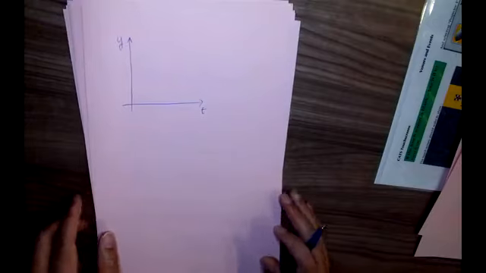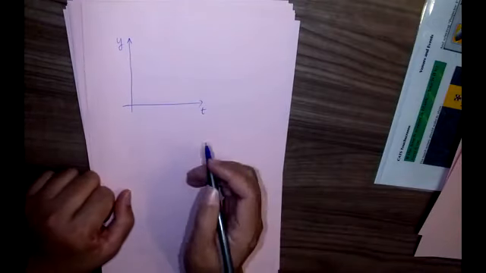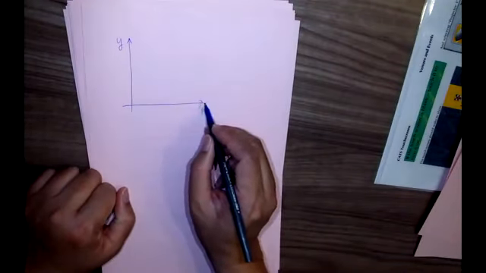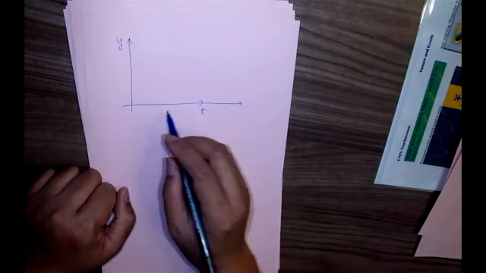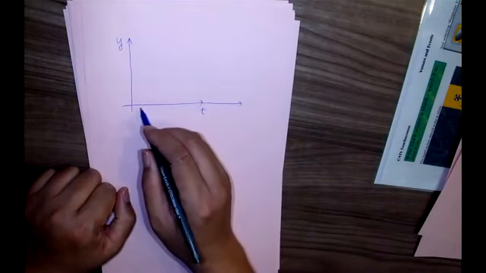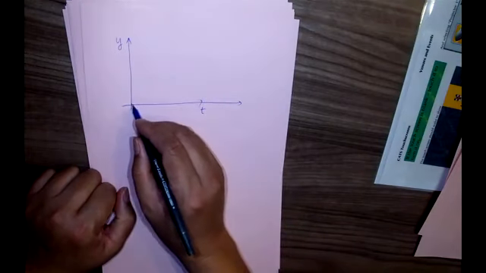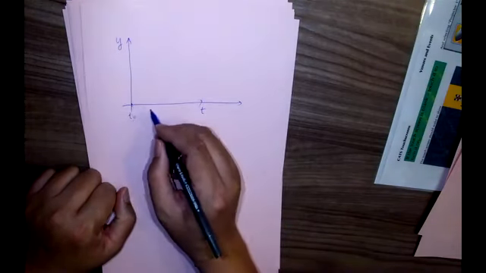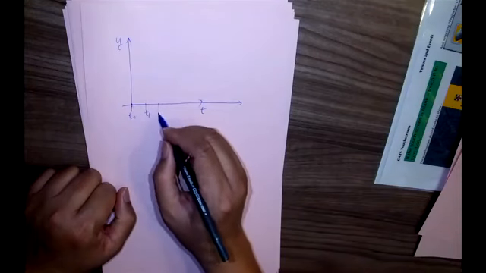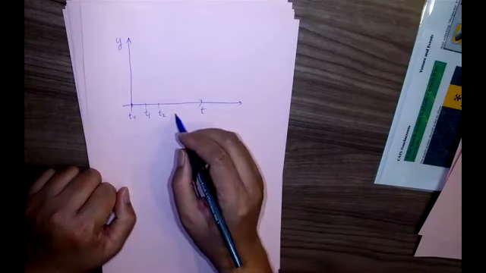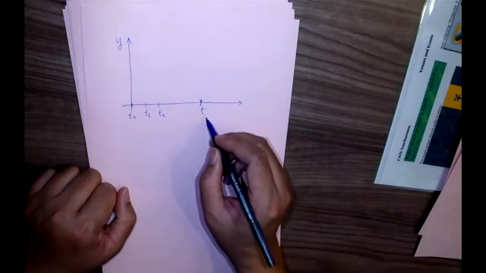So now I'm going to discretize it because in computers, we cannot have a continuous function. We have to discretize it. So suppose I divide it. So this is T0, T1, T2, and so on, up to Tn.